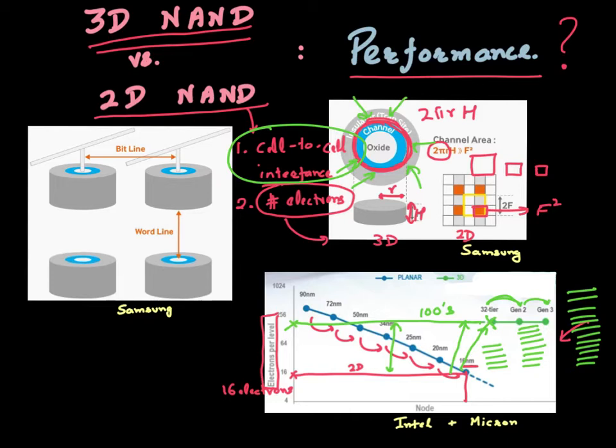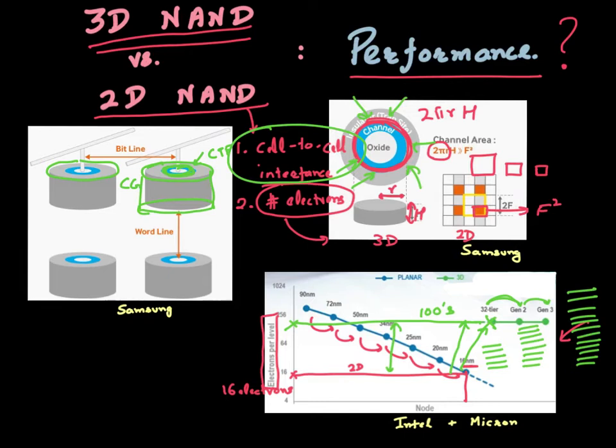The other problem with 2D NAND was cell-to-cell interference. We saw in one of the previous videos that this cell-to-cell interference is much smaller in the 3D NAND world, because all of your charge is stored in this charge trap flash layer, which is surrounded on all sides by the control gate, which has very good electrostatic control over this charge trap flash memory.